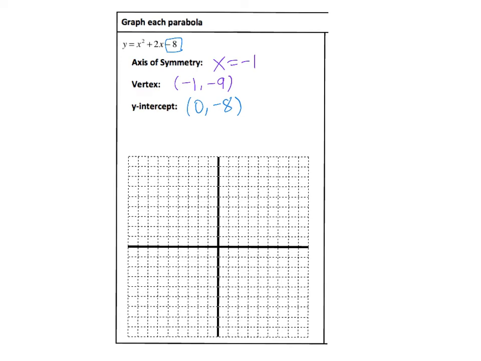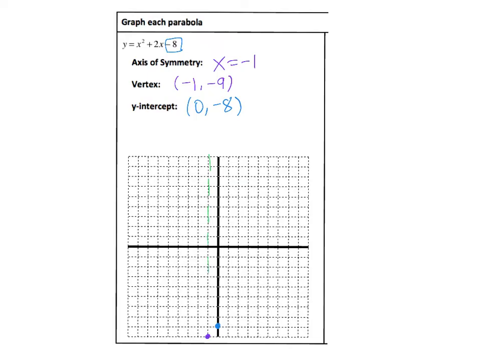So why don't I just go ahead and plot those points right now? So I have 0, -1, 2, 3, 4, 5, 6, 7, 8. And then my vertex is at (-1, -9). I'm also going to use a dashed line and draw in my axis of symmetry.